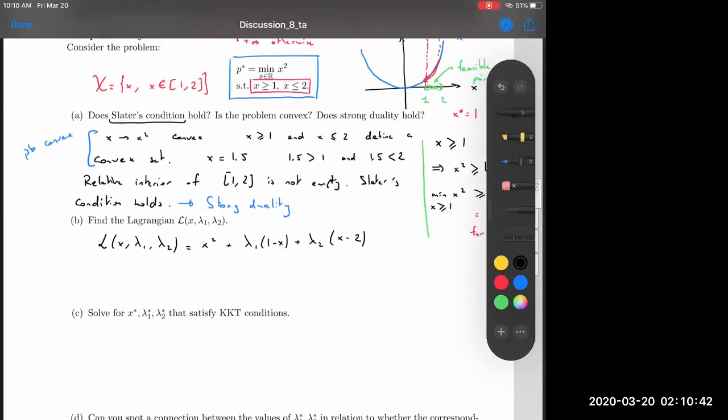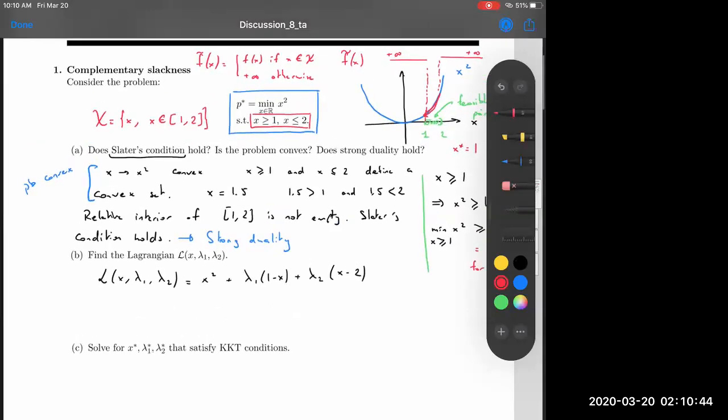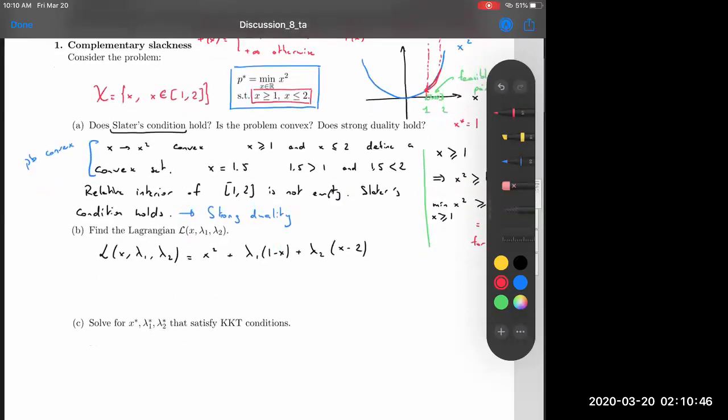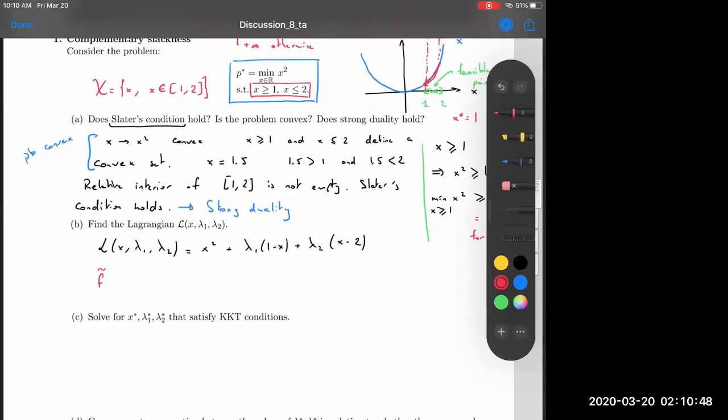And now the function I drew here in red, f tilde, is just equal to the maximum over lambda 1 greater than 0 and lambda 2 greater than 0 of the Lagrangian of x. And I think you have shown it.